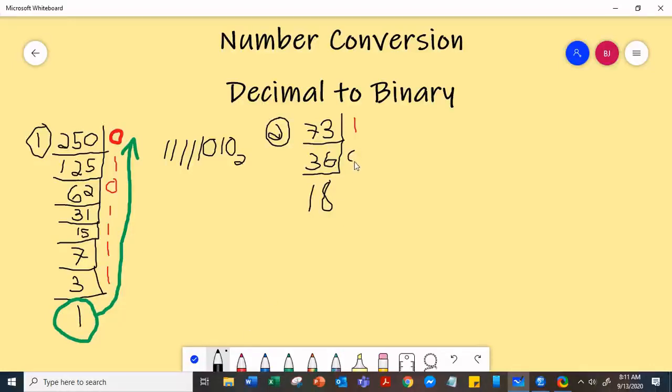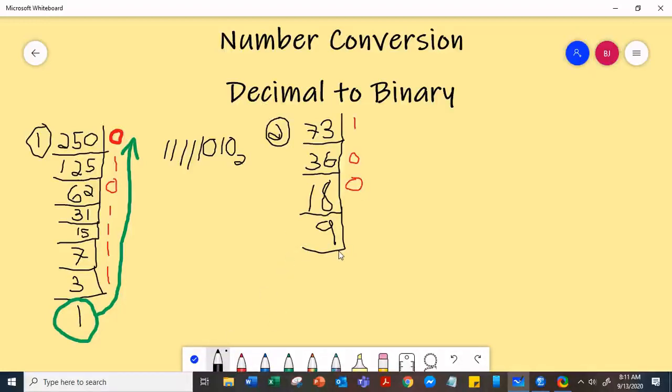Remainder 0. Oh, sorry. So remainder 0 here. So we have the 18 here. 18 divided by 2 would be 9, with a 0 remainder.